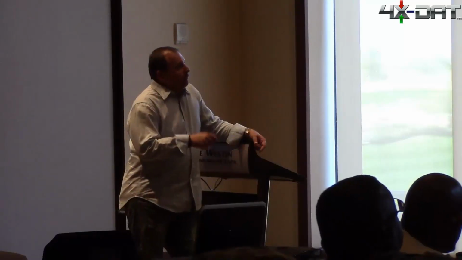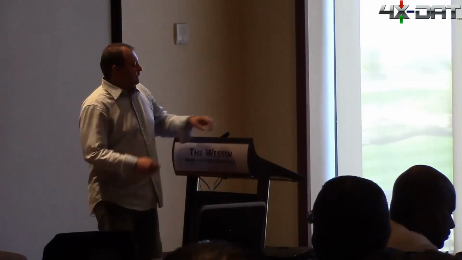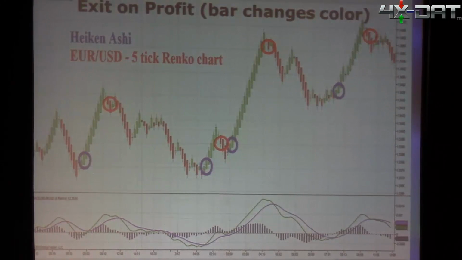Now, when I'm not in profit, I will be using my short-term trend chart to do my hedging. When I hedge, when the bar changes color, get out with profit.